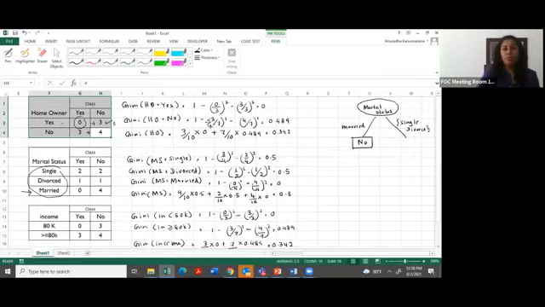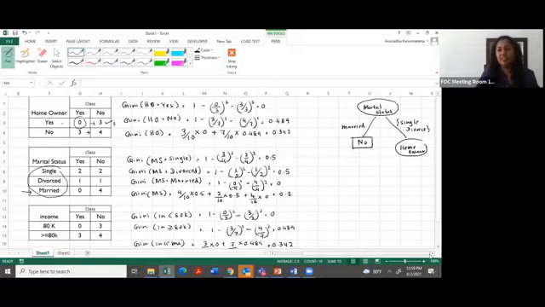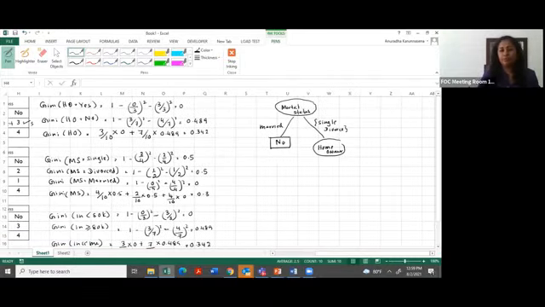We are going to put homeowner next. Homeowner is having only one value, so there's no issue in breaking the branch like marital status. Yes and no. Yes is one branch. No is another branch. If it is yes, the decision you already know.